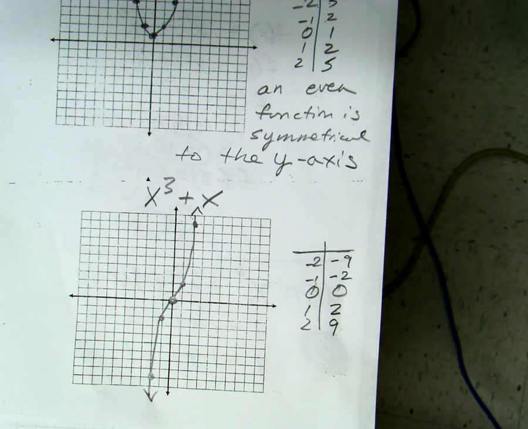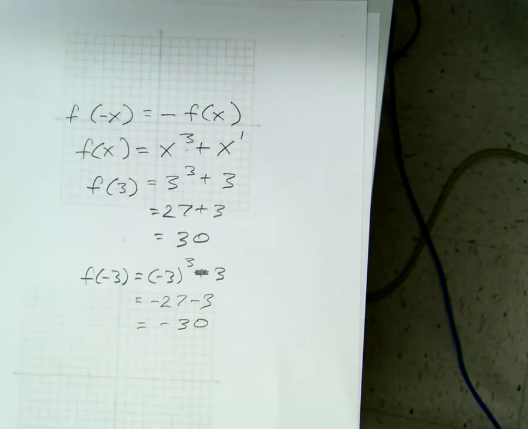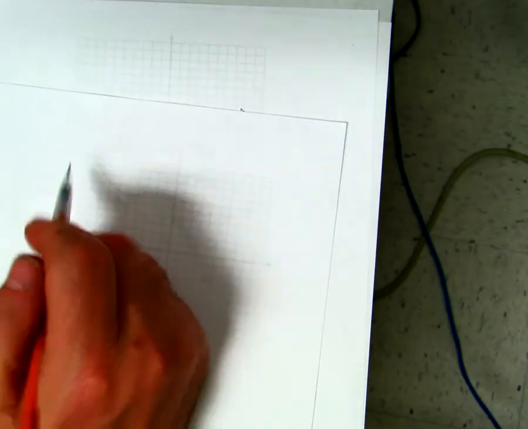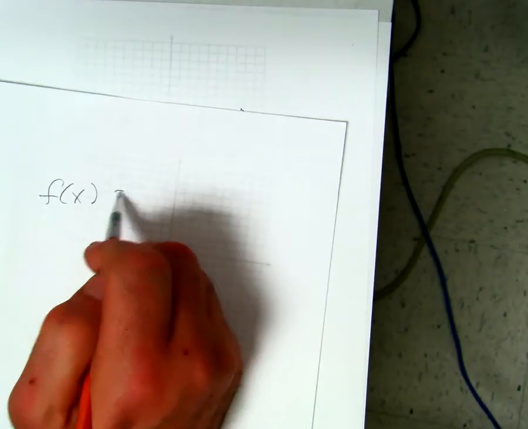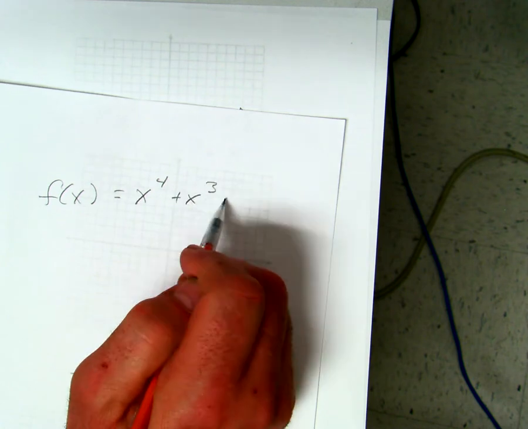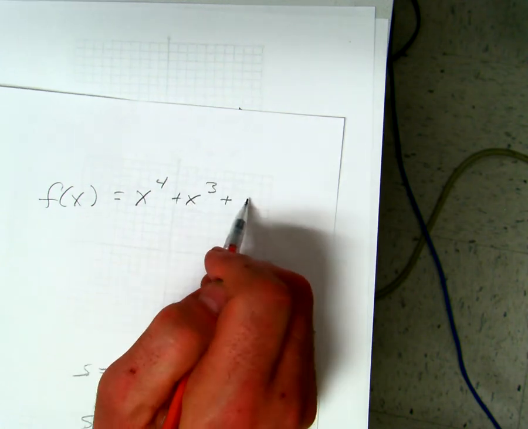Now, what about neither? Something that is not even and is not odd is neither. Well, here's a great example. Let's say I have f of x equals x to the fourth plus x to the third plus 1.